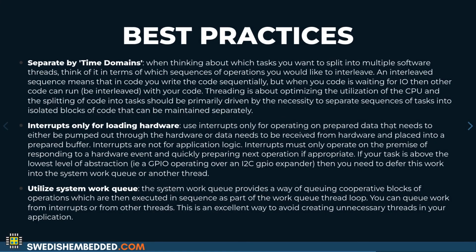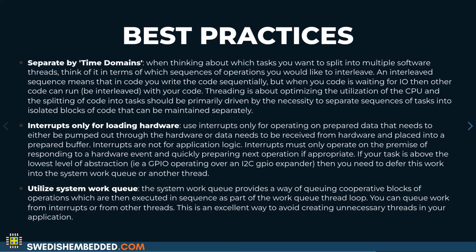All right, that's it for an introduction to concurrency. Now, what are the best practices when actually working with concurrency? Number one is that you want to do the separation of tasks according to time domains. So basically the sequences of events that you want to execute in sequence, but then you want to have multiple independent sequences.